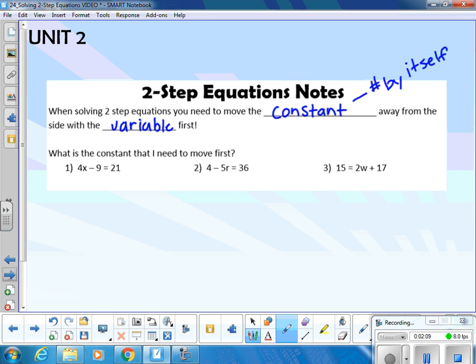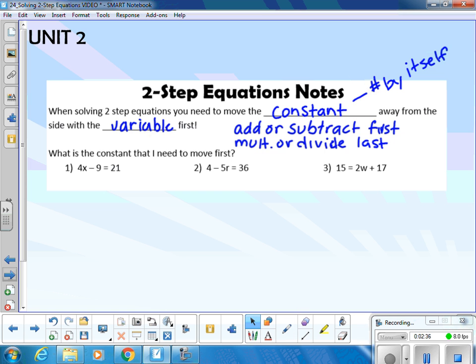Basically, that means that we're going to add or subtract first, and then multiply or divide. That's all a two-step equation is.